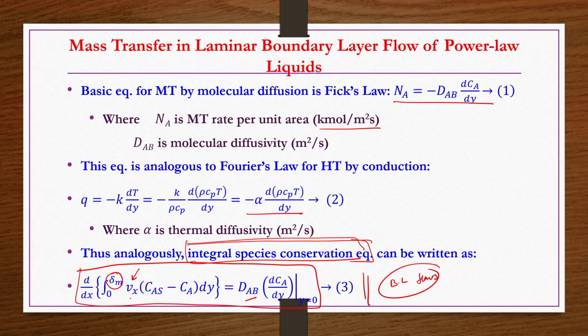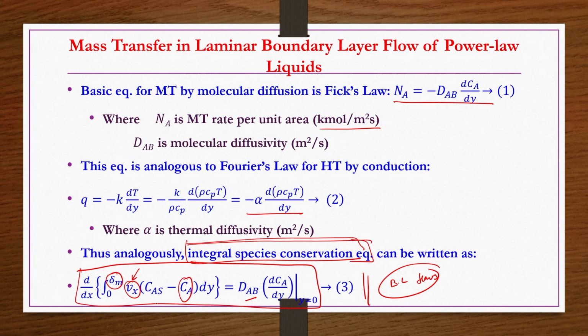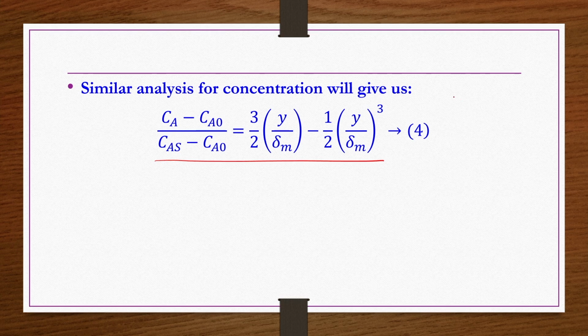Now, similarly as we did for the thermal boundary layer case, if you know Vx and if you know CA, then you can find the concentration boundary layer thickness delta M as well. But we are not going to do that, because the equations are similar, so their solutions would also be similar.